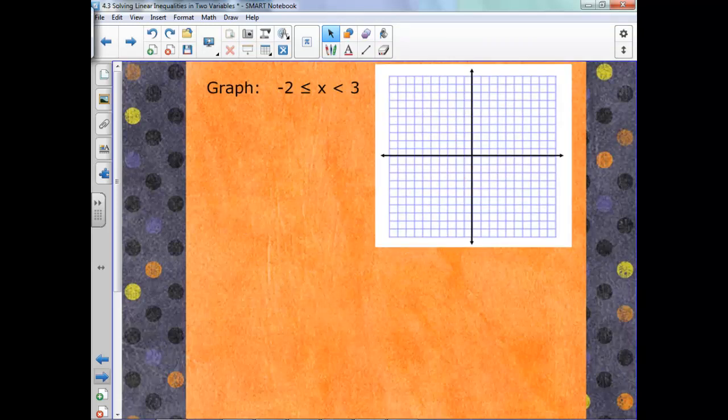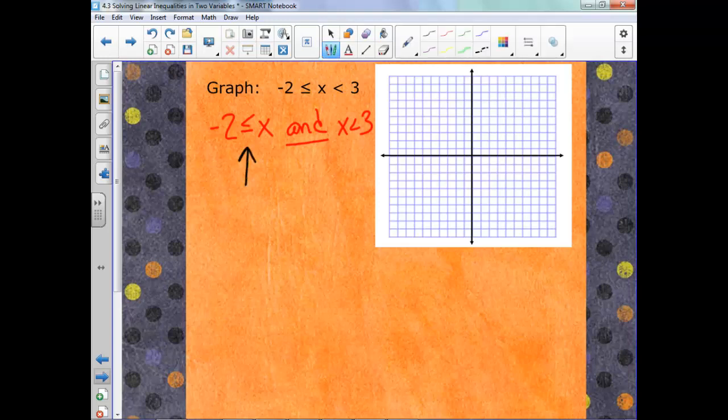So now, same type of idea. If we were to graph these, we would have -2 less than or equal to x, and x is less than 3. So when we graph these, remember, these are going to be vertical lines.